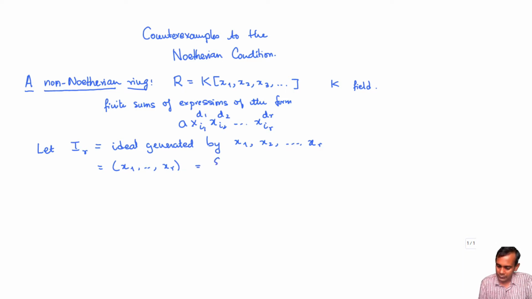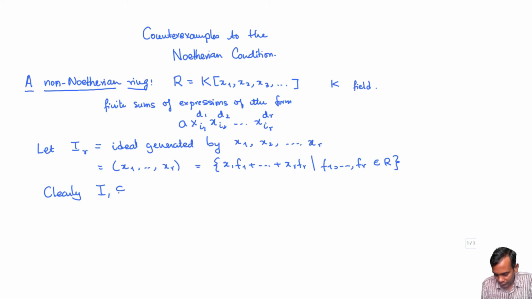So what this is, it's the set of all elements of R of the form x1 times f1 plus xr times fr, where f1, f2, fr are arbitrary elements of R. And this is the general notion of an ideal generated by a finite set of elements. And clearly these are ideals, and we have I1 is strictly contained in I2, which is strictly contained in I3, and so on. So we have a strict ascending chain of ideals showing that R is not a Noetherian ring.